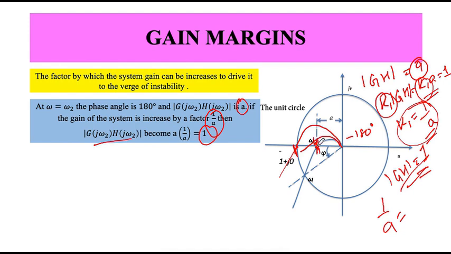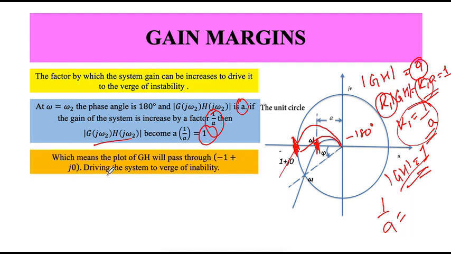Originally it was A, now after multiplying by 1 by A it becomes 1. This means the plot of GH will pass through minus 1 plus j0, driving the system to the verge of instability.